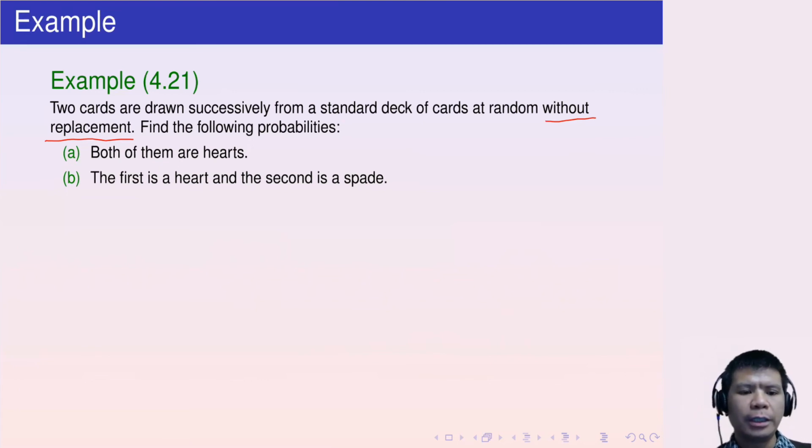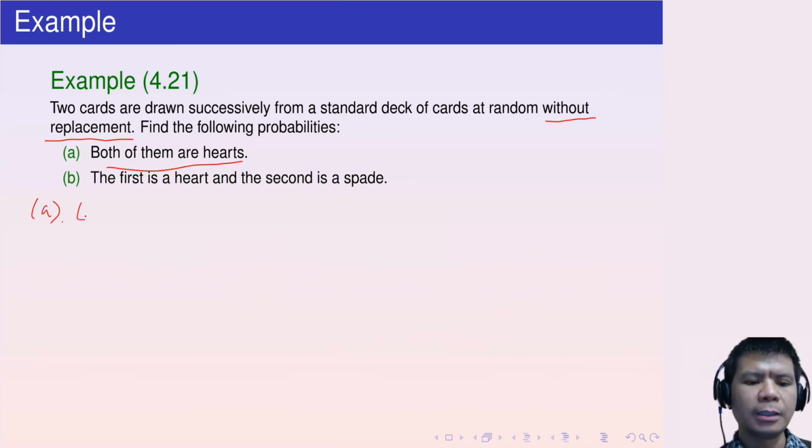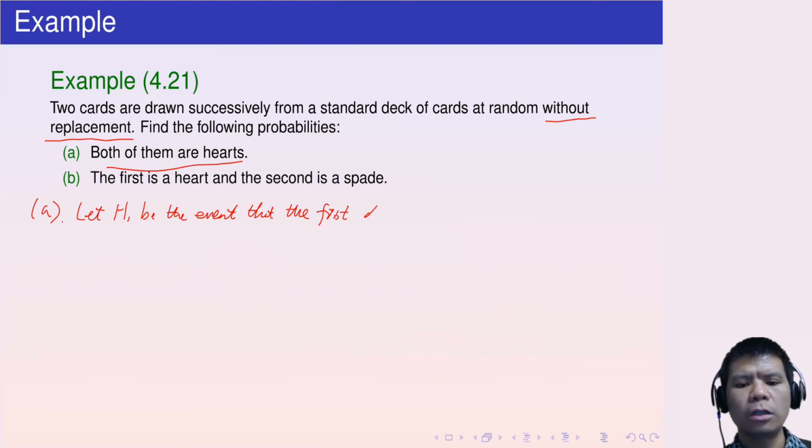Now let's see how we can solve part A first. Both of them are hearts. Let's firstly define some events. Let H1 be the event that the first draw is a heart.